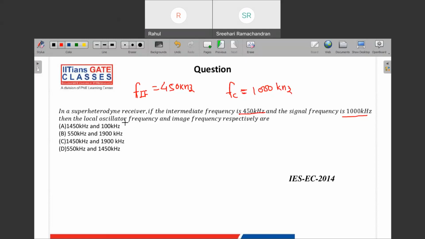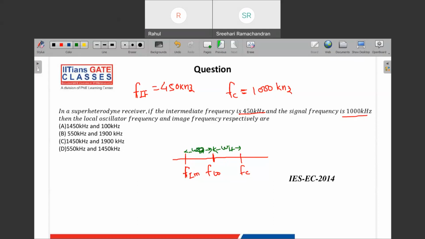Then the local oscillator frequency and the image frequency are, respectively, what? So we have this local oscillator, we have this FC, we have this F image, and the difference between FC and FLO is the IF.